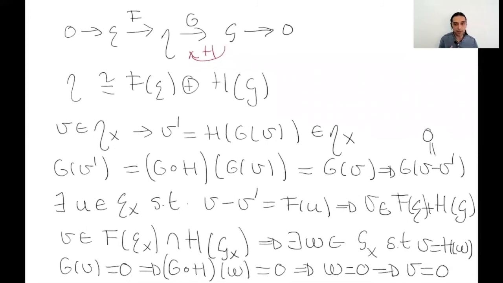So any vector in the intersection is necessarily the zero vector, and because of that property, this sum of these two subbundles is a direct sum, right? Very good.